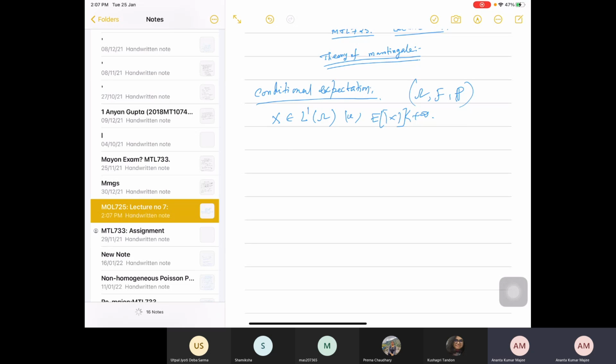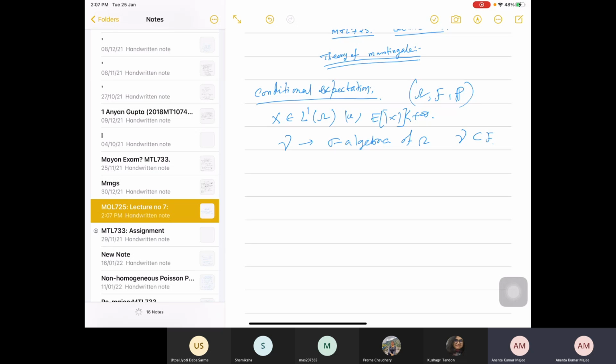Suppose you have another sigma algebra, a sigma algebra nu of Omega such that nu is a subset of F. So this is a sub-sigma algebra of the sigma algebra F.